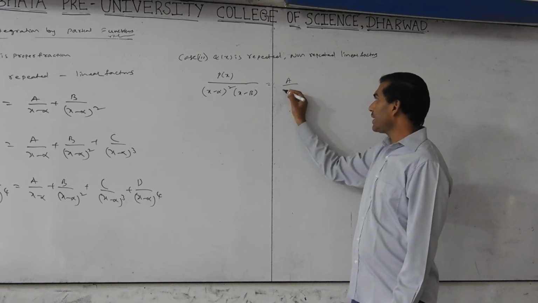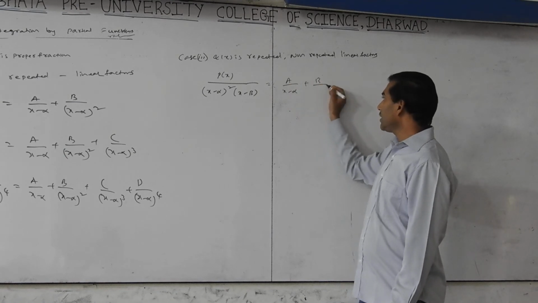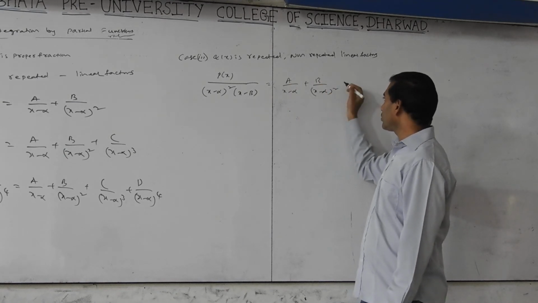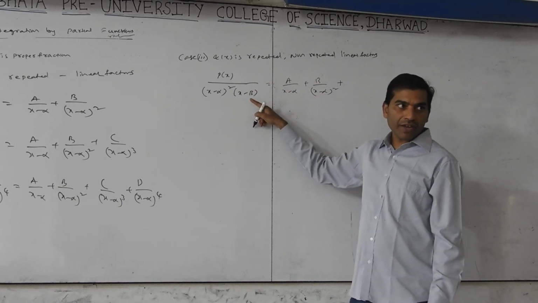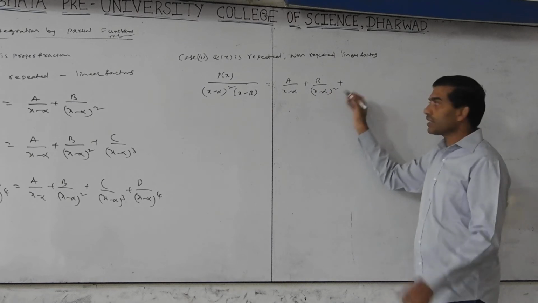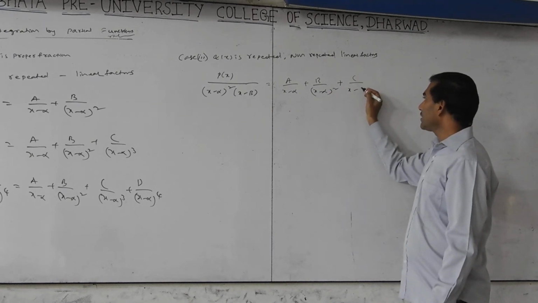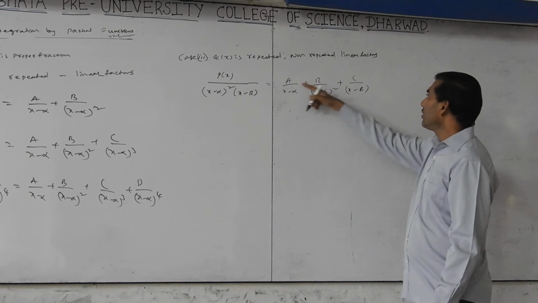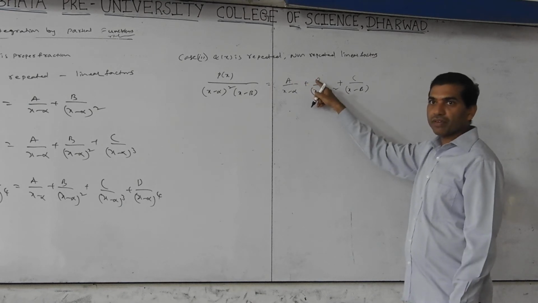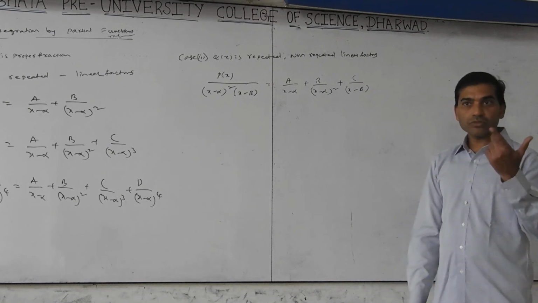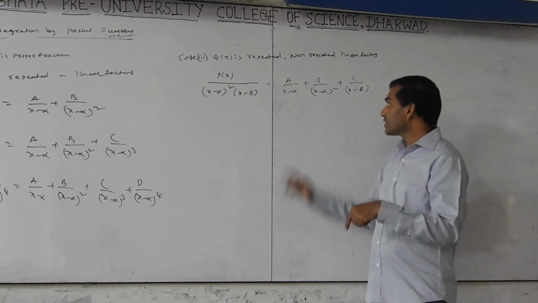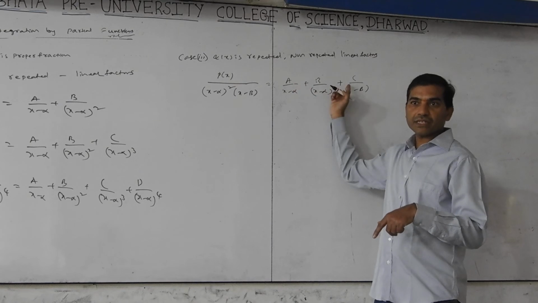A by x minus alpha plus b by (x minus alpha) whole square plus, go for the first method for the non-repeated factor, some constant c by x minus beta. Because a, b constants we have already used, so select another constant. Here some student may get confused: sir, is it necessary to keep the order A, B, C?